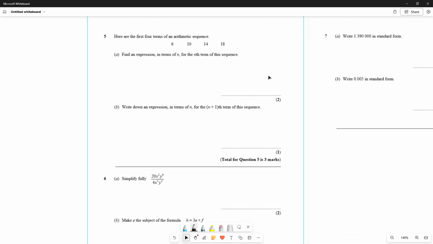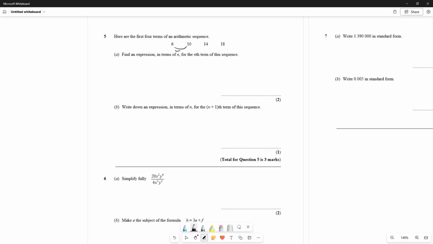Question number 5. Here are the first 4 terms in an arithmetic sequence. Sorry, I misread. Find an expression in terms of n for the nth term of the sequence. Okay, so here is the step I would do, and here's what it means. An arithmetic sequence increases by the same amount each time from a starting value. What does this mean? Let's look at this sequence.